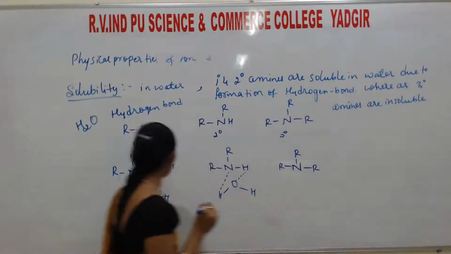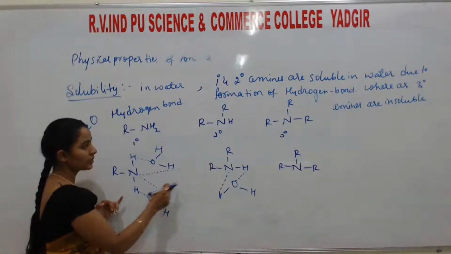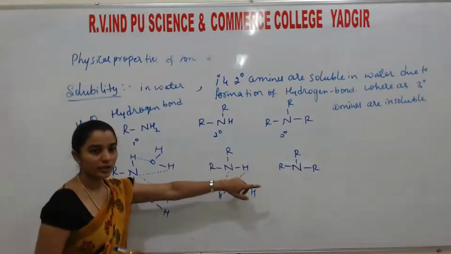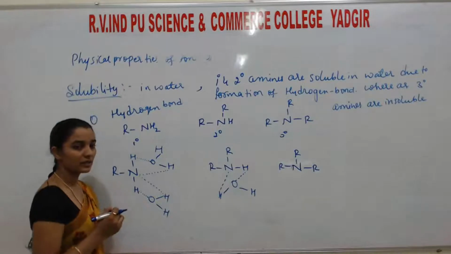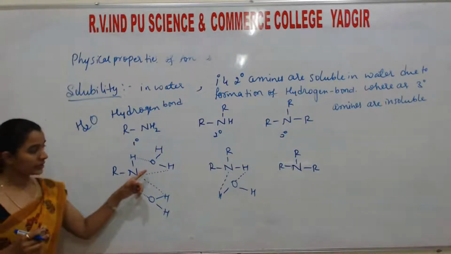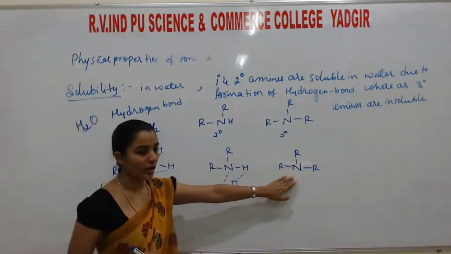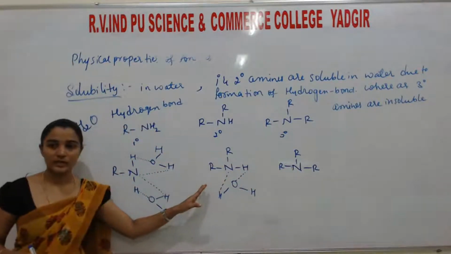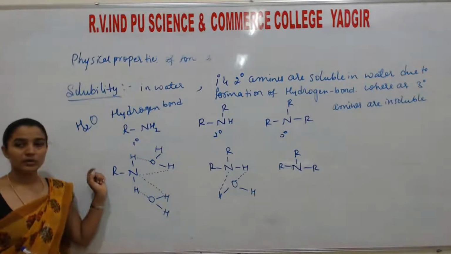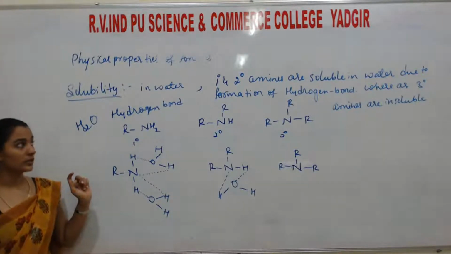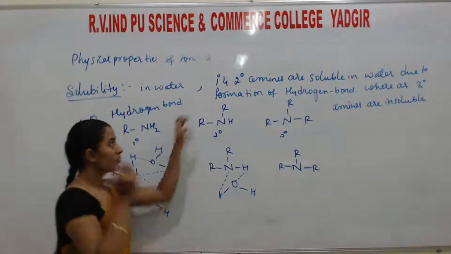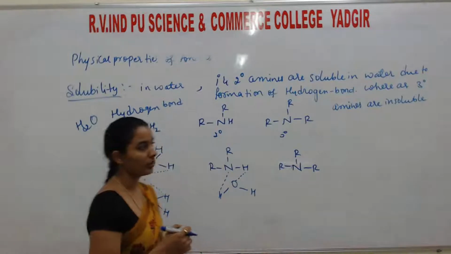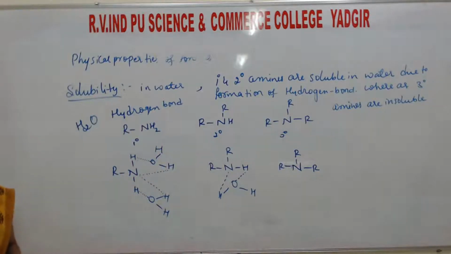In primary amine H atoms are there, in secondary amine an H atom is there, but in tertiary amine there is no hydrogen atom. Here there is no possibility of formation of hydrogen bond in tertiary amine, hence it is insoluble. The others easily form hydrogen bonds, hence they are soluble in water. So that is the statement: in water, the primary and secondary amines are soluble, tertiary amine is insoluble.